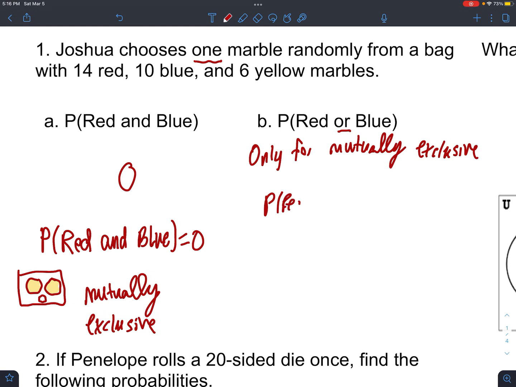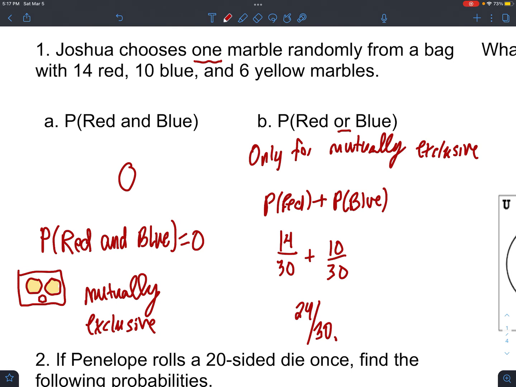It means that for us right now, since these events do not overlap, you can't do both of them at the same time, the probability is the sum of those two, which would be 14 out of 30 plus 10 out of 30, which we'll just say is 24 out of 30. When there's overlap, the rule changes a little bit, this rule. So we're going to track that as we go and see if we can find any examples that do have overlap.